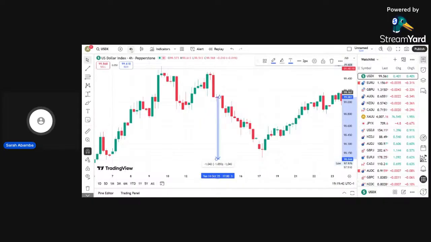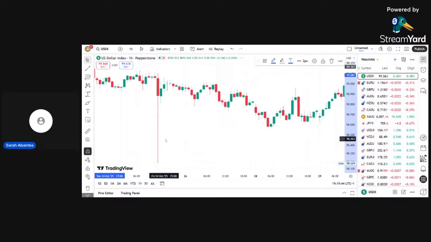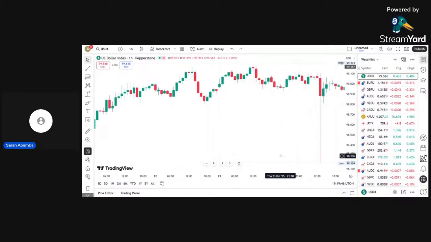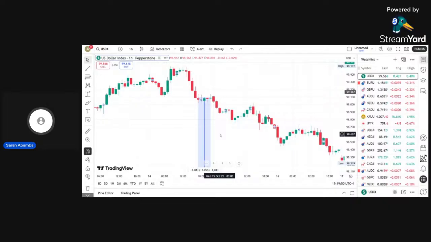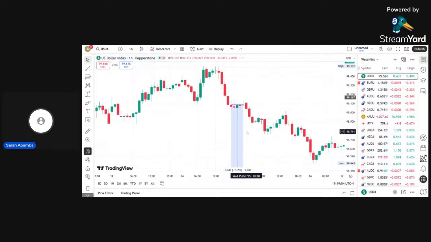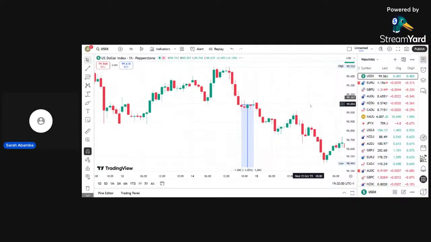So let's go to the 1 hour time frame so that we mark the date now. You see the 1 hour time frame is still the same. Look at it in the 1 hour time frame. It's still showing the same 100 pips. So it will still be the same. That's all. Okay. So if there is no other question, I believe that will be all for today.